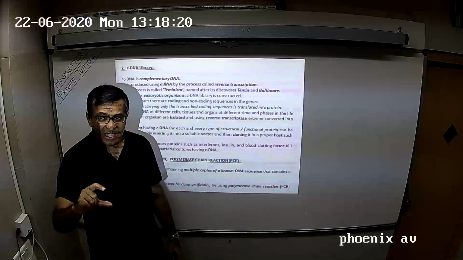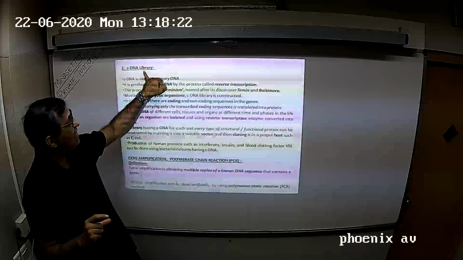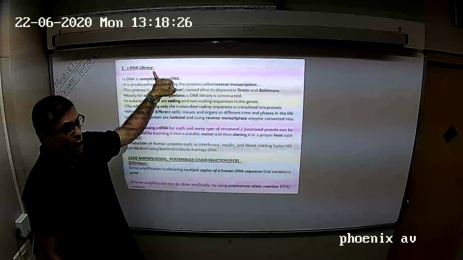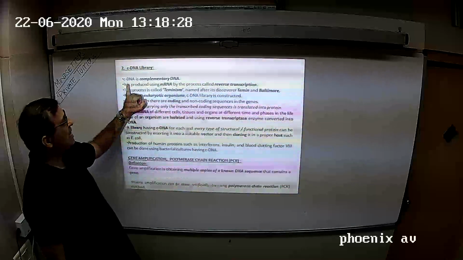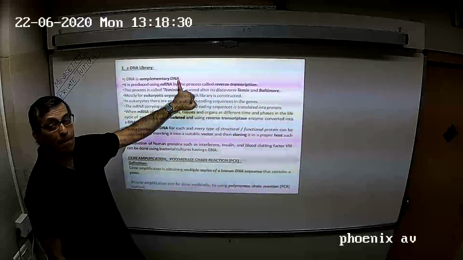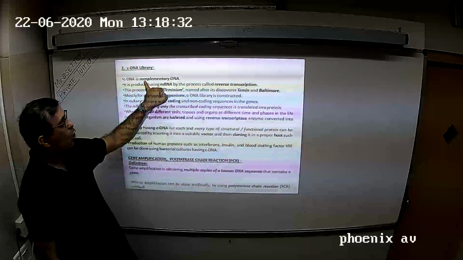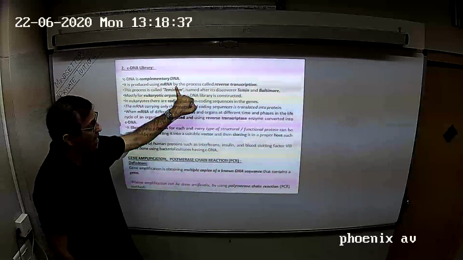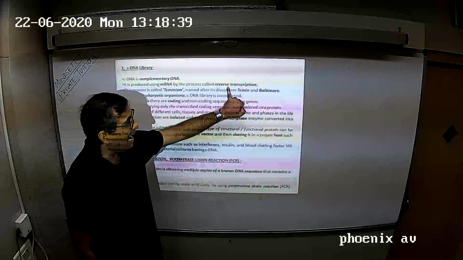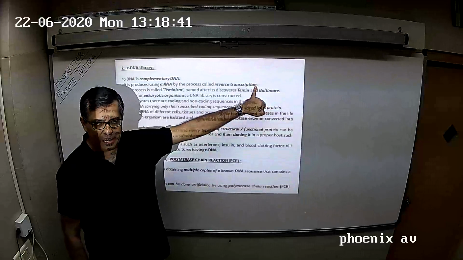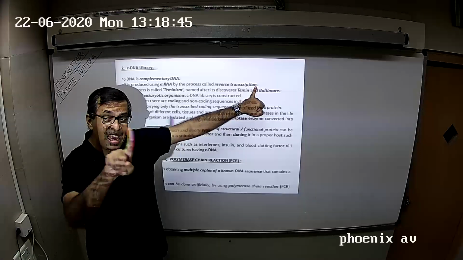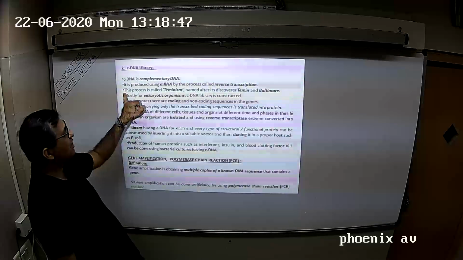So another concept which is called as cDNA library is an excellent library. So sir, what is cDNA? cDNA is complementary DNA, and complementary DNA is produced by using mRNA by a process called as reverse transcription. तो cDNA बनाने के लिए mRNA यूज करके रिवर्स ट्रांसक्रिप्शन यूज किया जाता है.